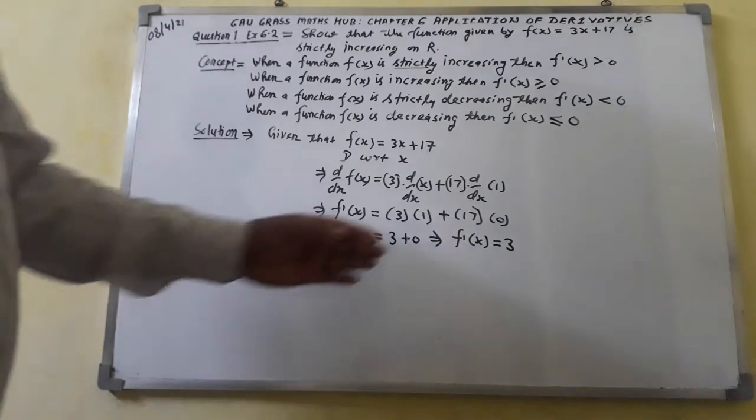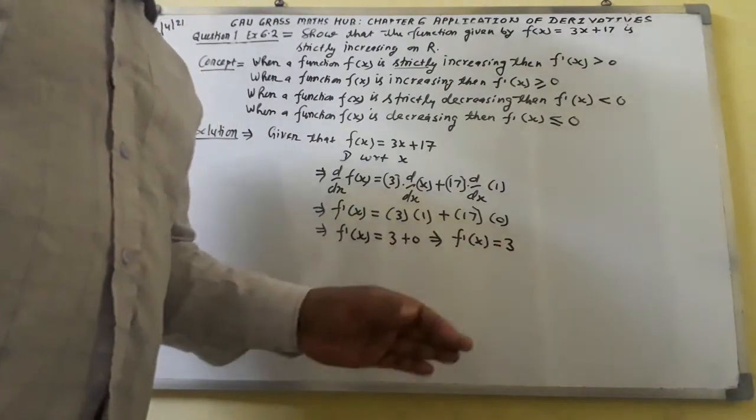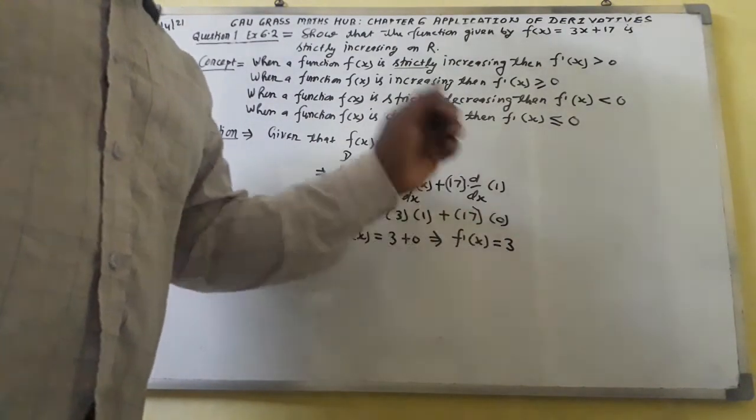Now judge here: f dash x equal to 3 is greater than 0.